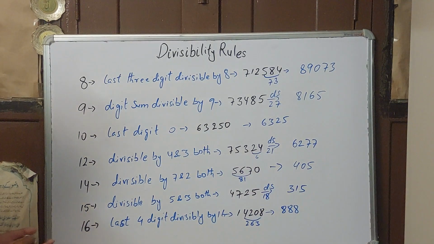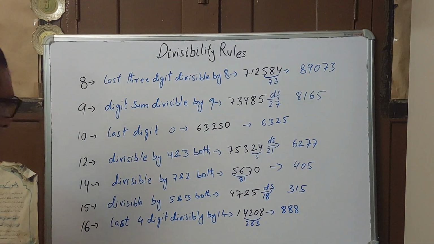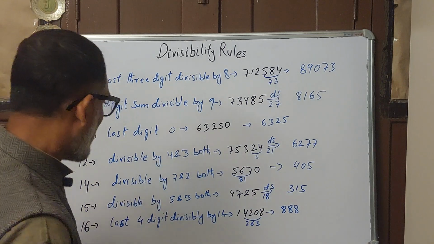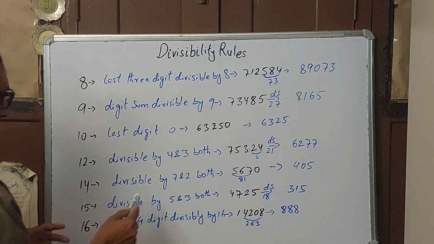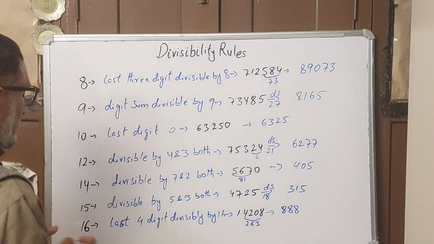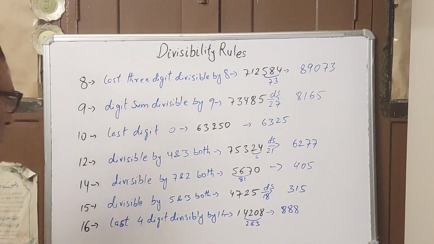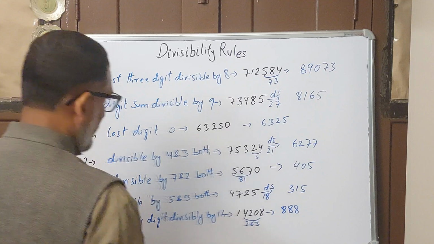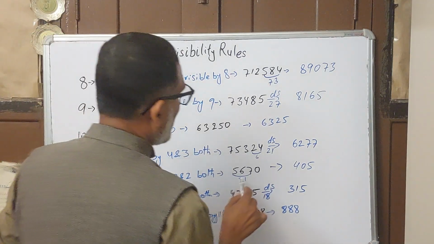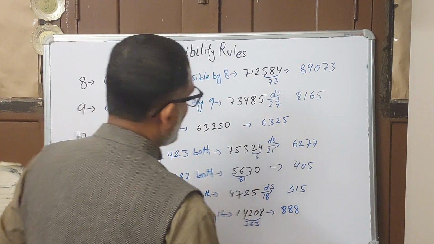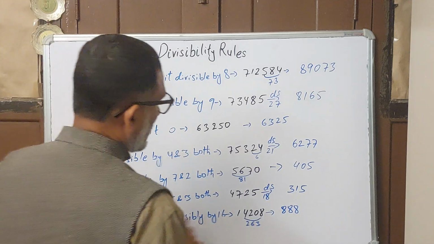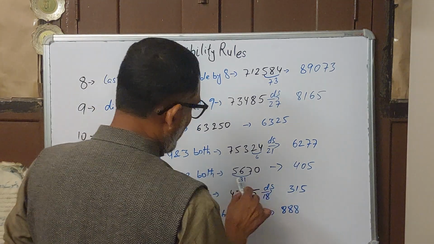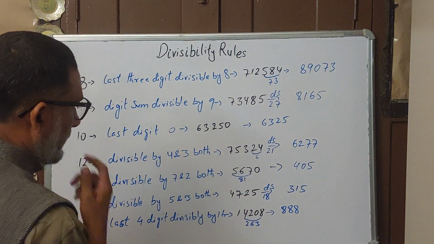For 14, divisibility by 7 and 2 both is required. If the number is divisible by 7 and 2 both, that means it will also be divisible by 14. So we know the rule for 7. We must check the number first: 567, is it divisible by 7 or not?